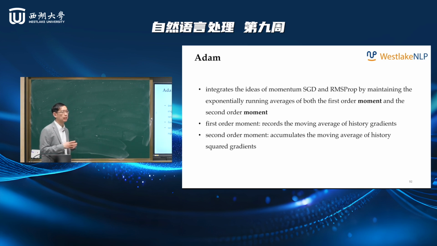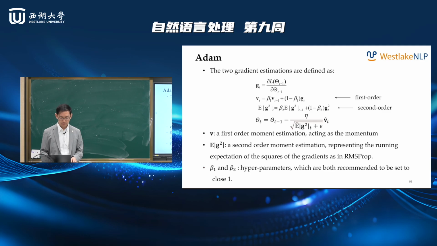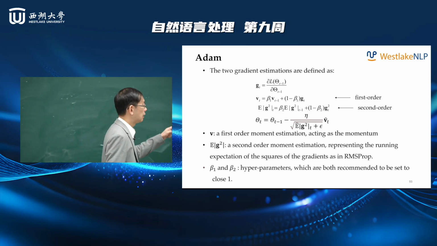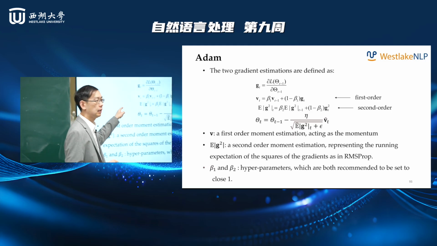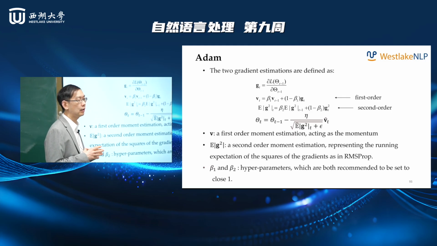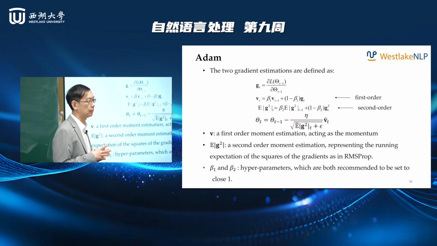So it's an integration of momentum and RMS prop. The equation is shown here. I have G as the gradient, and I have a velocity. The velocity is an accumulation of G. You can think about it as first order momentum.